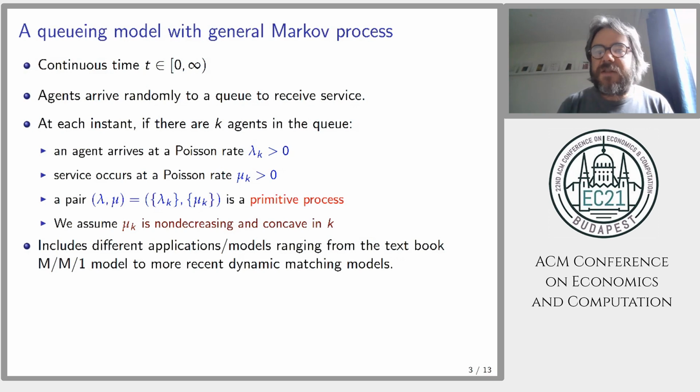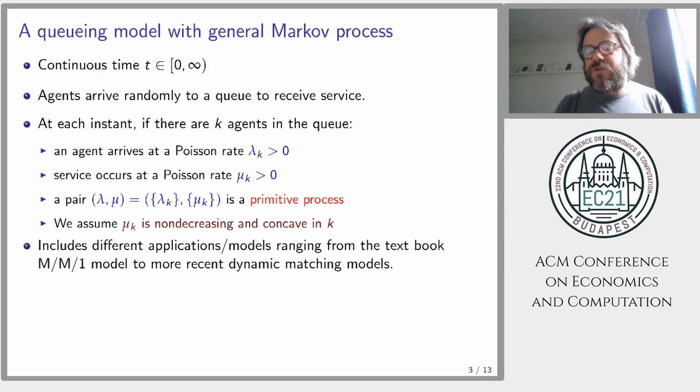More specifically, at each point in time, when you have k agents in the queue, then a new agent will arrive in the queue according to a Poisson process at rate lambda k. Let me insist on the fact that the arrival rate here, lambda k, is a function of the number of agents in the queue.